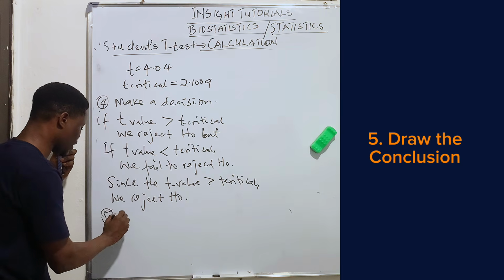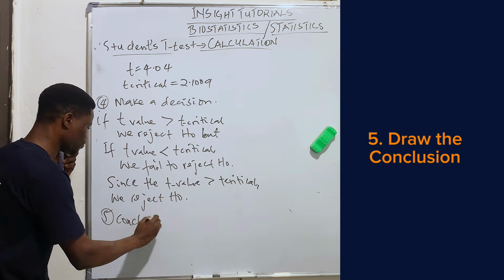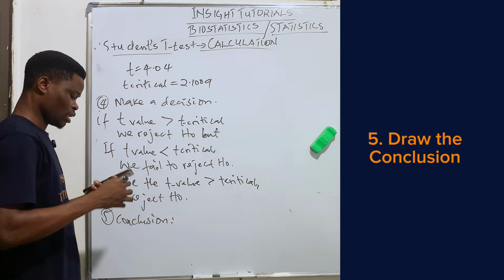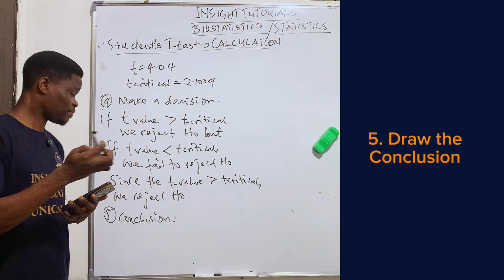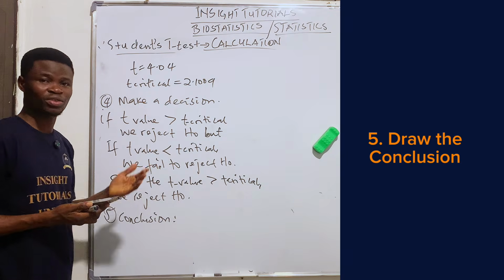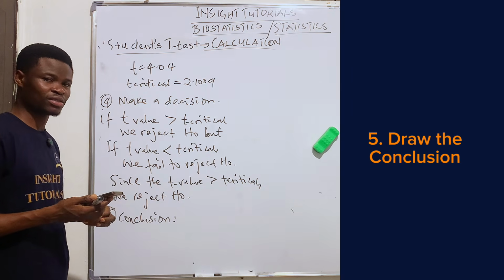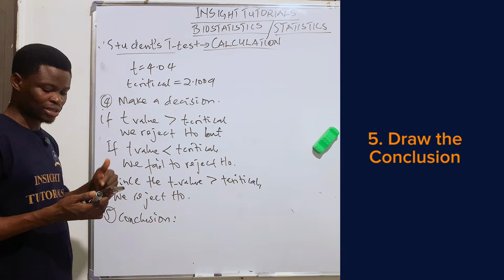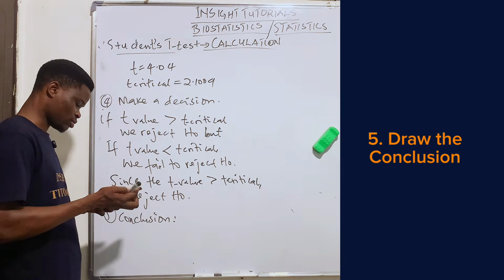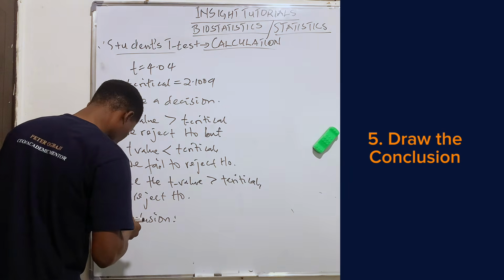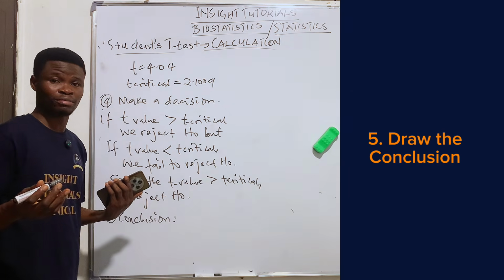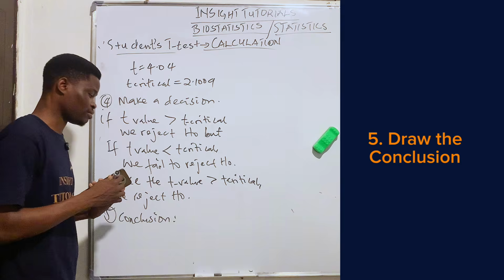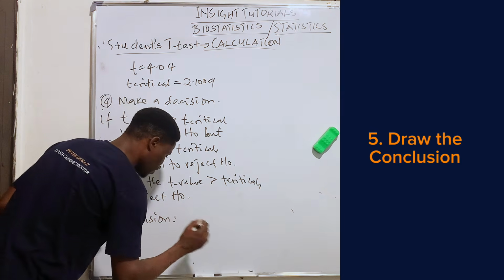Now step 5 is conclusion. Because we reject the null hypothesis, we'll say that there is a statistically significant difference between the mean weight of smokers and non-smokers. All right, at a particular level of significance, of course, at 5% level of significance.